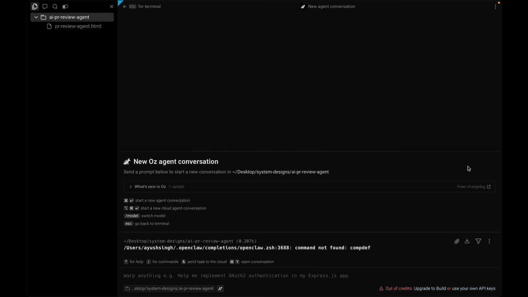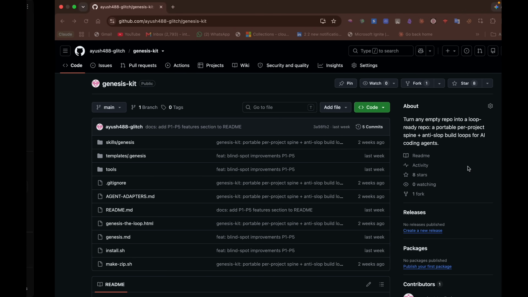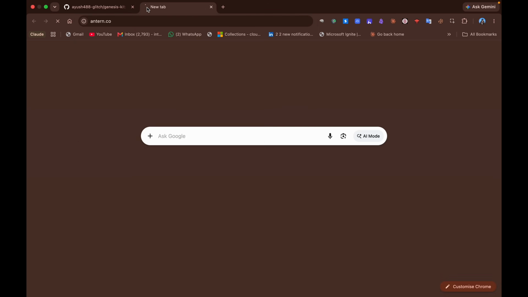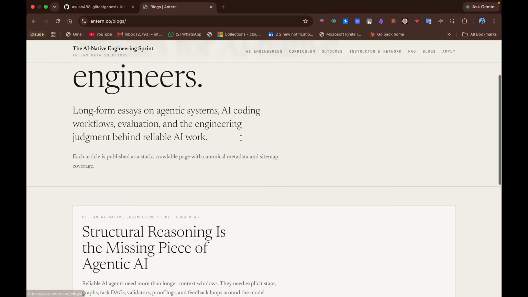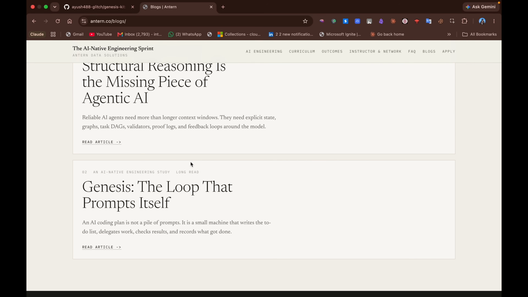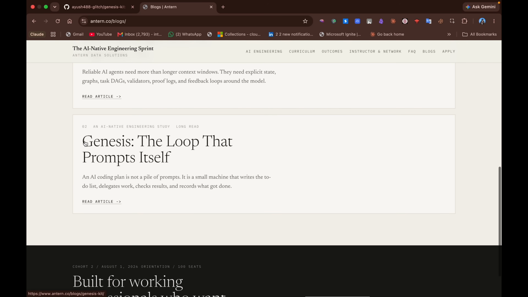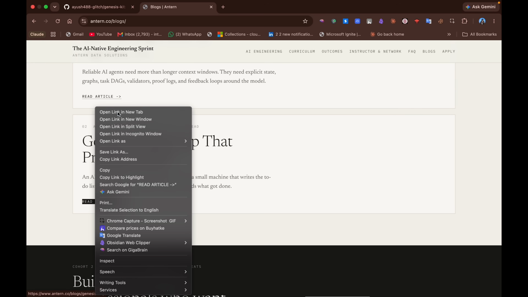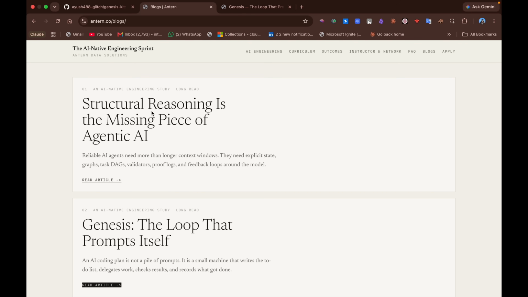This Genesis Kit is the framework developed by me, and I would suggest you go to anton.co and click on blogs, and look at it. I'll also put that in the description box below. There's one, Genesis, which eventually talks about the loop that prompts itself, and structural reasoning is the missing piece of agentic AI.